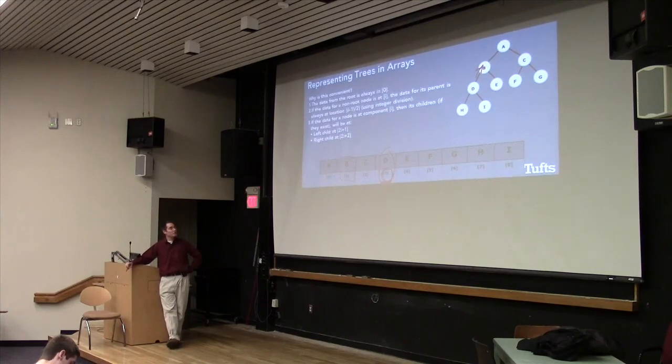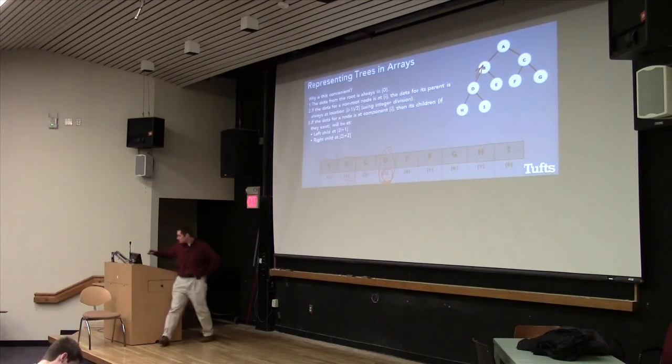We want to find its children. Well, 3 times 2 plus 1 gives you its left child. 3 times 2 is 6, plus 1 is 7. That would be H. Check. And then 3 times 2 plus 2 for the right child gives you 8. And that's where I is. Pretty cool.